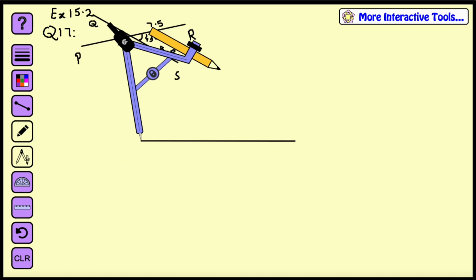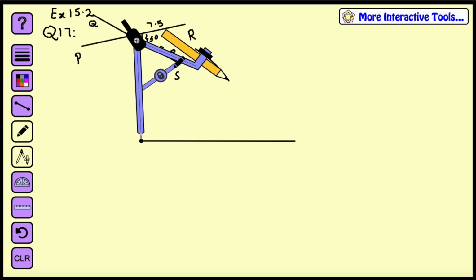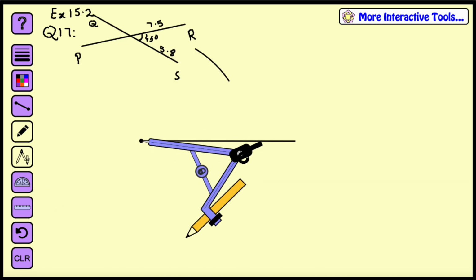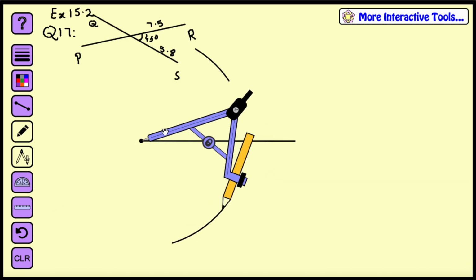Draw an arc up and down. Down also you have to draw.